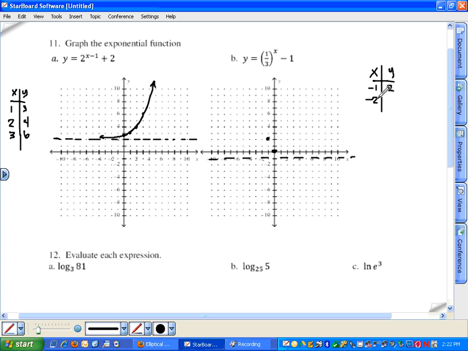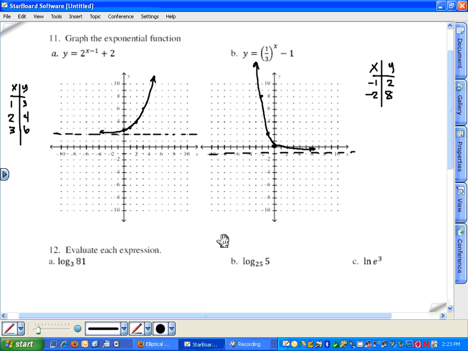And 1/3 to the negative 2 is the same as 3 squared, which is 9. 9 minus 1 is 8. So negative 2 comma 8. This is a graph like that.